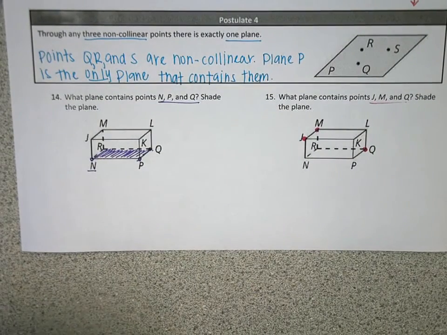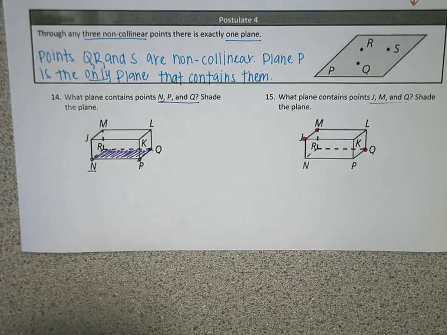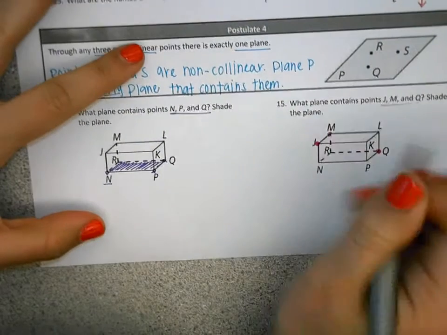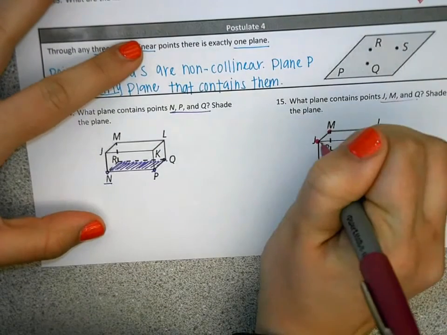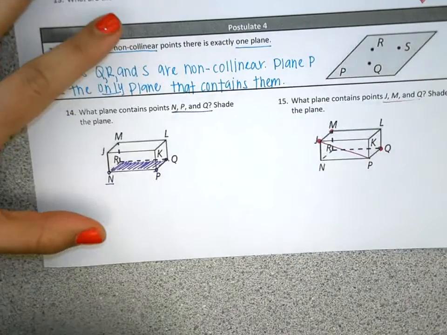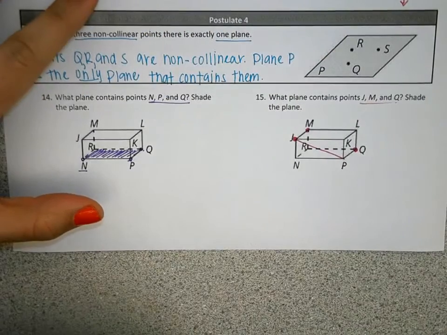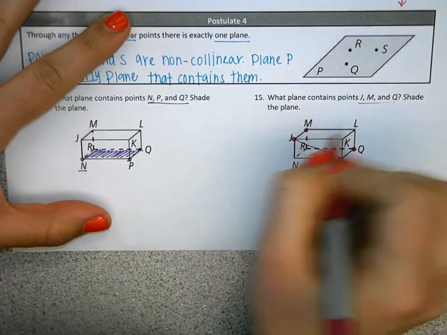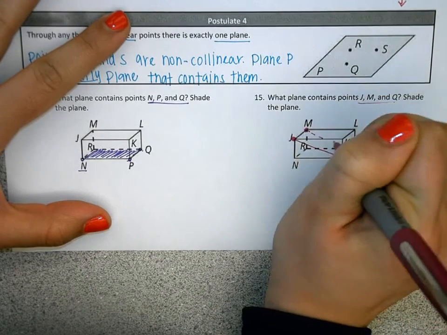There is. It's the diagonal that goes through the box. So draw with me. A solid line from J to P, and then you're going to visualize it, be able to see it. And a dotted line from N to Q, M to Q, because it's in the back. And that's your plane.